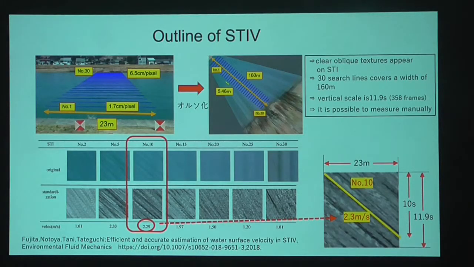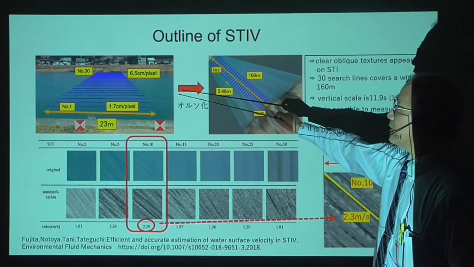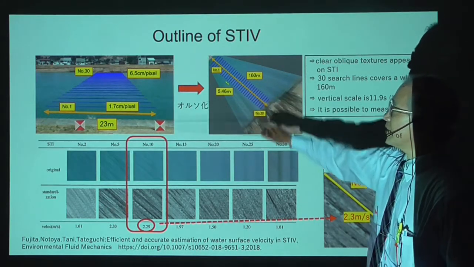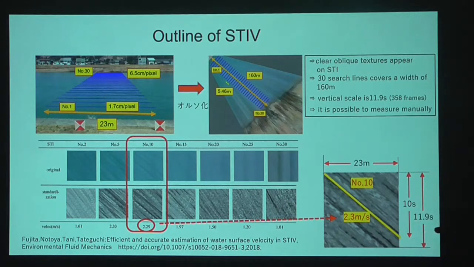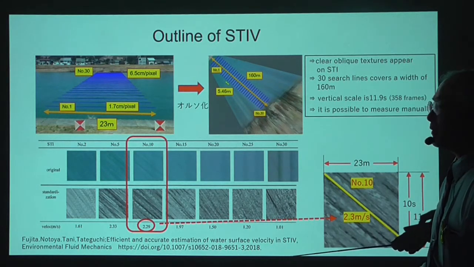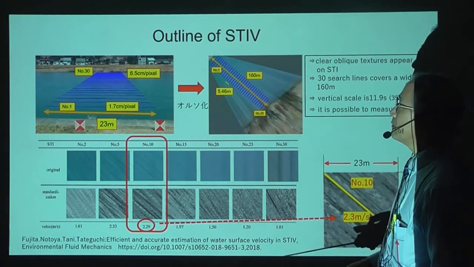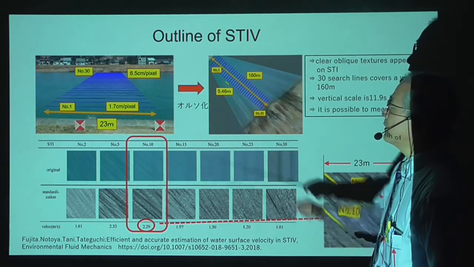So finally, the outline of the STIV is here. Not finally. This is the original idea given to the Shinano River in the middle of Japan. In the STIV, maybe Mark has already explained these techniques in detail, but let's take a look at this picture.